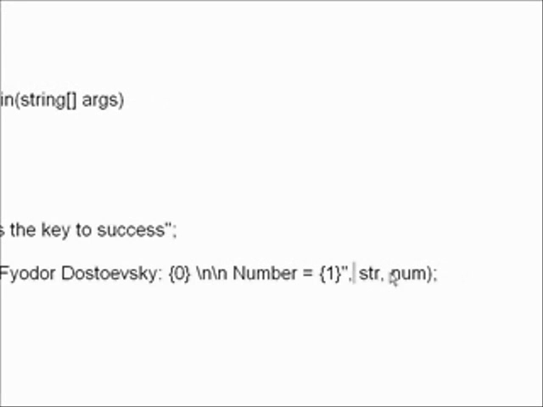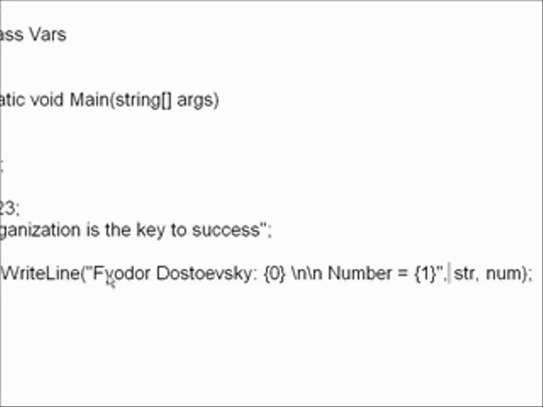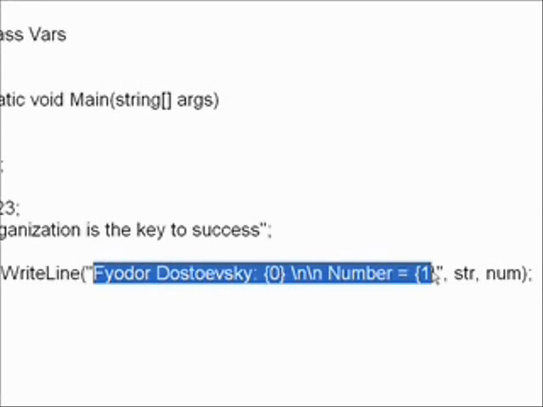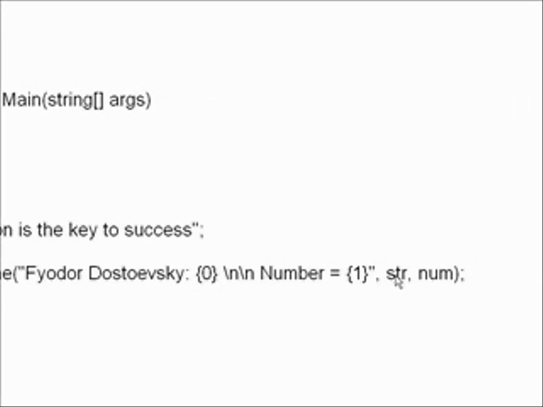And within the template string, you'll notice there are placeholders, or places where we want to put the value that's in these variables. The way these placeholders are defined is a left brace, and then the number, which is their position after the string.